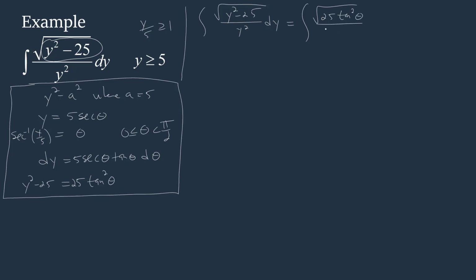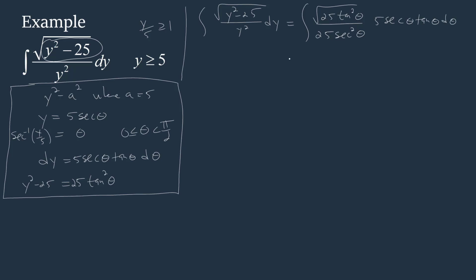So y is 5 times secant of theta, so squaring that gives me 25 secant squared of theta. And dy is 5 times secant of theta tangent of theta d theta.